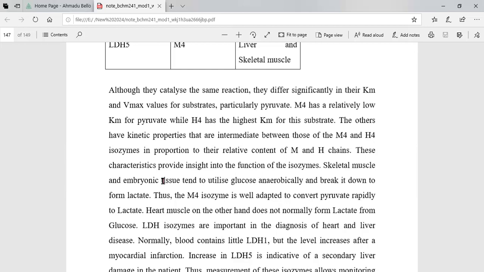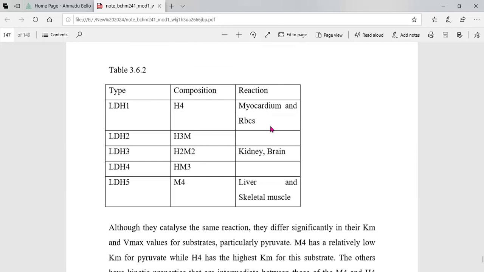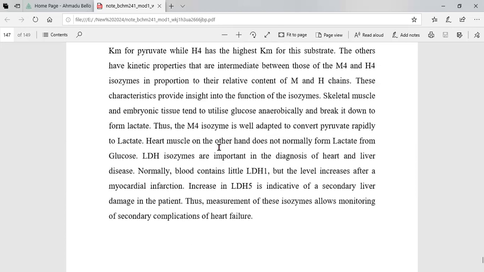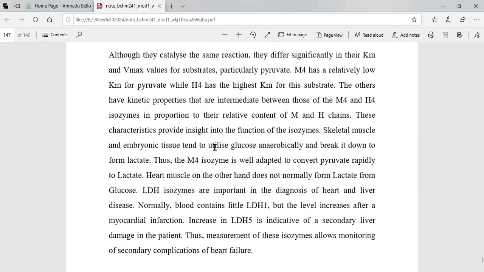So M4, which is found in liver and skeletal muscle, has a relatively low Km for pyruvate, while H4, found in myocardium and red blood cells, has the highest Km for this substrate. The others have kinetic properties that are intermediate between those of M4 and H4 isozymes, in proportion to their relative content of M and H chains.